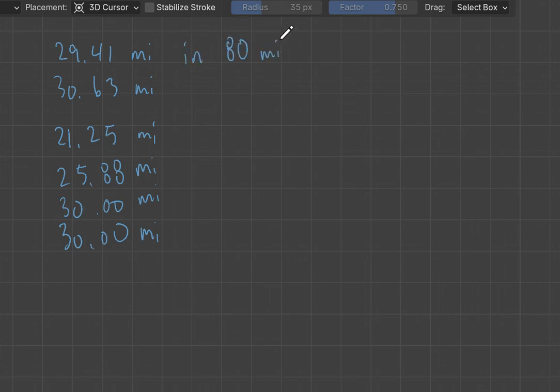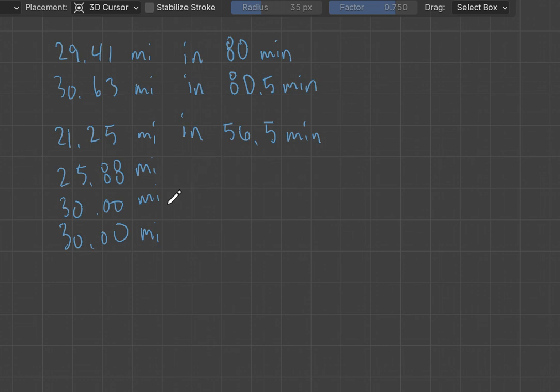So for example, I biked 29.41 miles in 80 minutes. I biked 30.63 in 80.5 minutes. I biked 21.25 miles in 56.5 minutes.